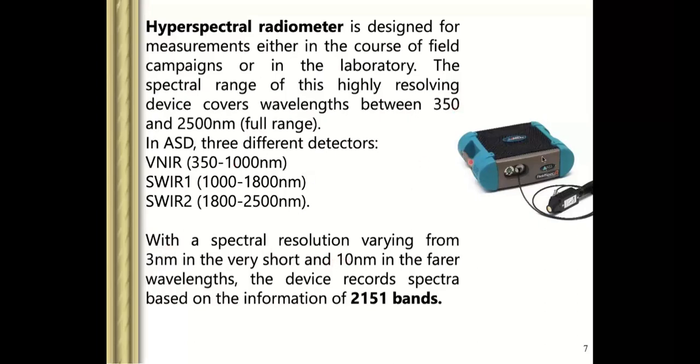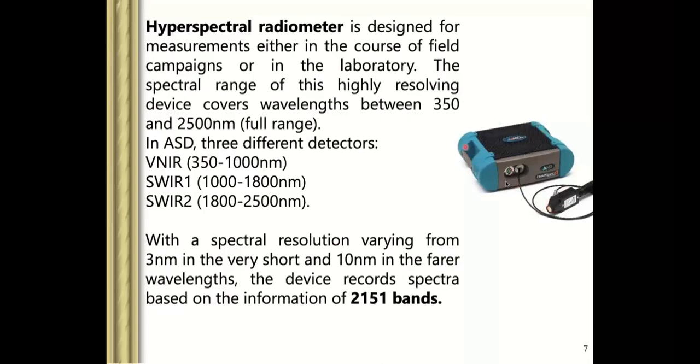It is a handheld spectral radiometer, and if you see here, it has a lamp, and here there is an optical power. We place this probe over our object, and this probe gets some reflectance through this optical fiber.